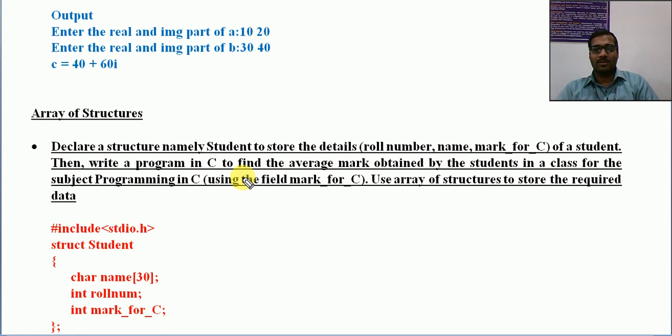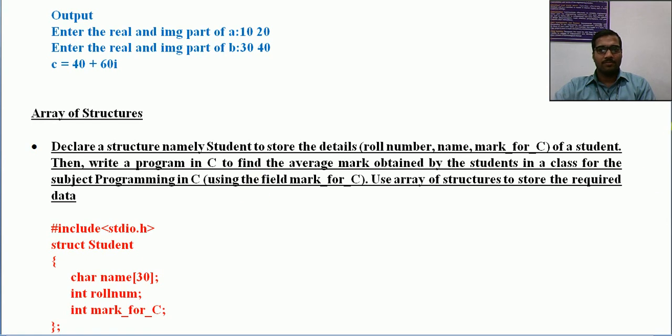That is practically very difficult. In that situation, we can create an array of structures. Just look at the program. Remember, student is the data structure type with elements roll number, name, and mark in C. Then find the average mark of C for the entire class.